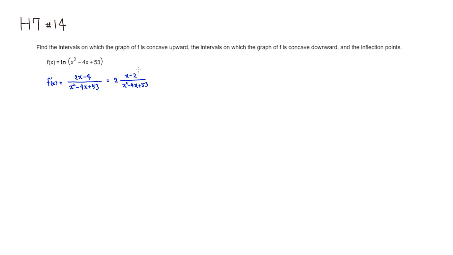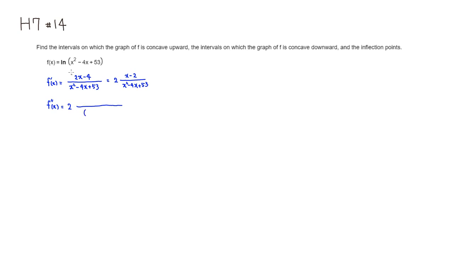Then we need the second derivative, so we're going to take another derivative. 2 is just a number, so I'll just put 2 outside. Then I'm going to do a quotient rule here.